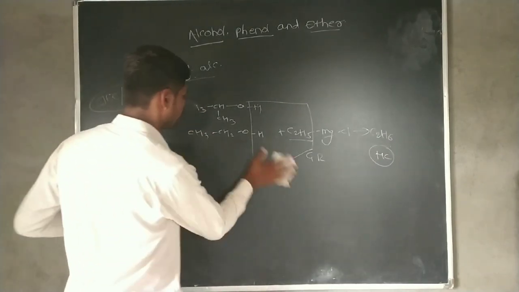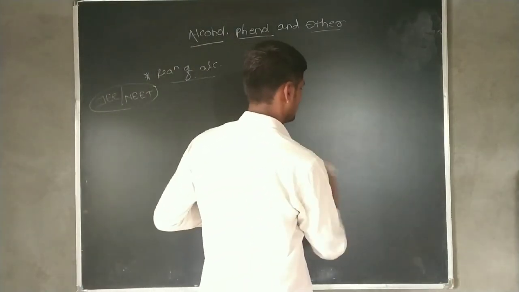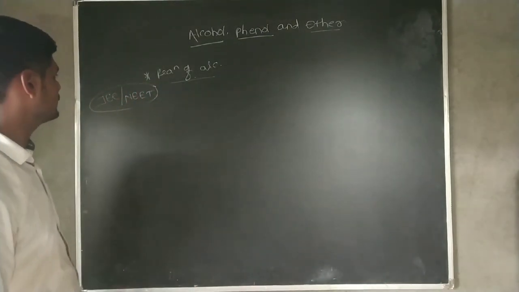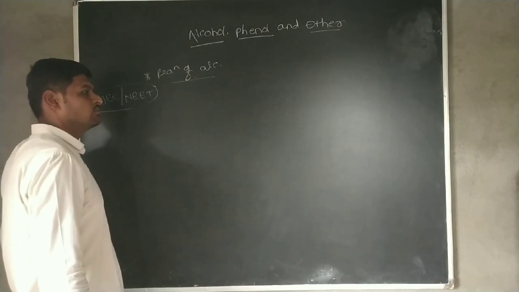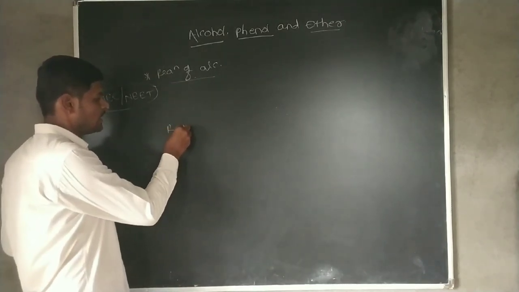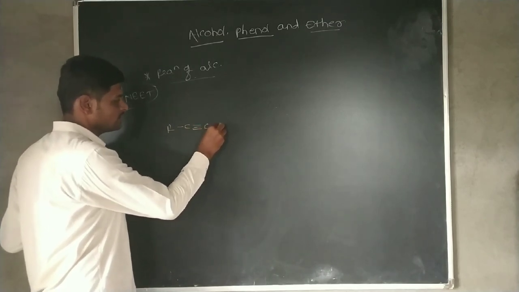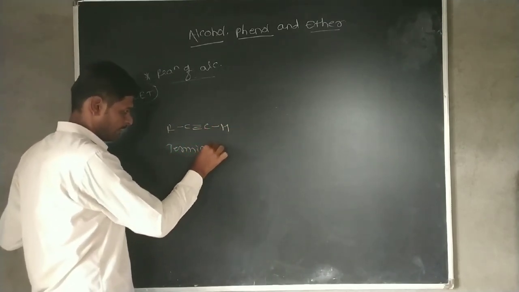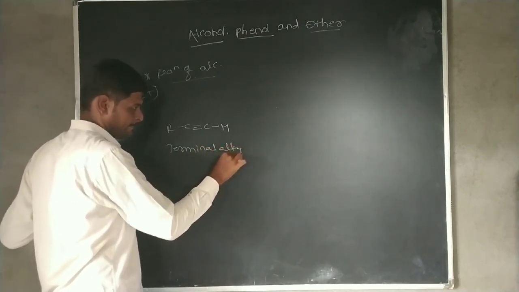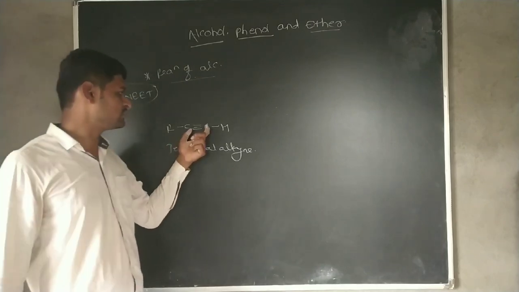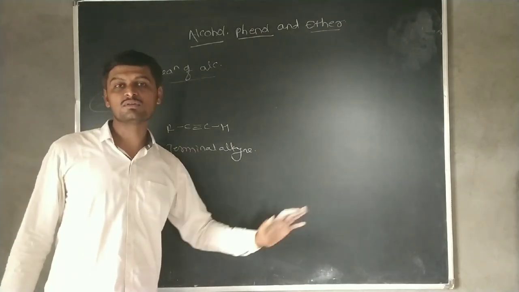Okay. Then we consider one of the most important reactions of Grignard reagent with a functional group which contains acidic hydrogen, that is RC≡CH. This is a terminal alkyne. Terminal alkyne means the alkyne is at the terminal end of the compound.